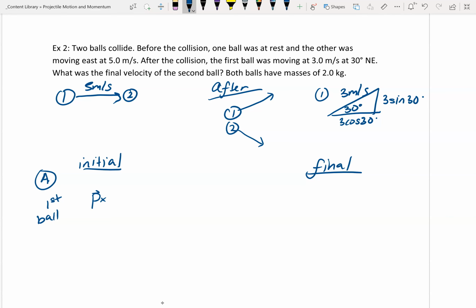For our px, we are looking at 2 times 5 initially, because it's moving at 5 meters per second and it has a mass of 2 kilograms, which is 10 kilograms times meters per second.